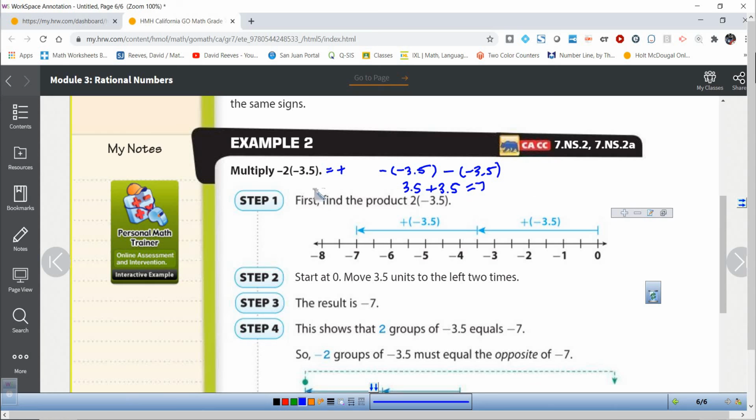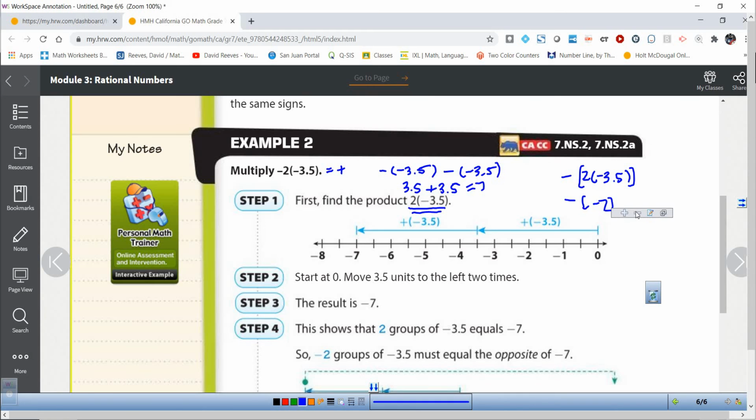Now, if you take a look at what they did, all right, they looked at it a little bit differently. They said, we're going to do this problem, and then we're going to take the opposite of that, which is another way to look at it. So the problem they actually did was this one, which we just did previously, right? They got negative 7, and then they went ahead and put that negative. So this is what they had.